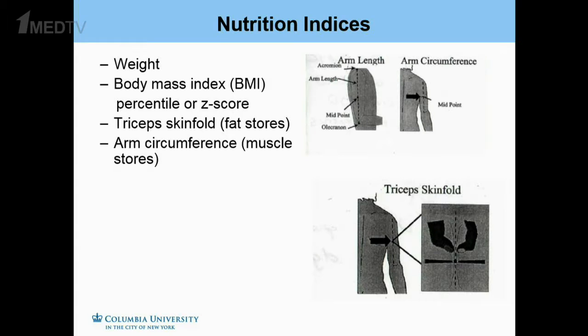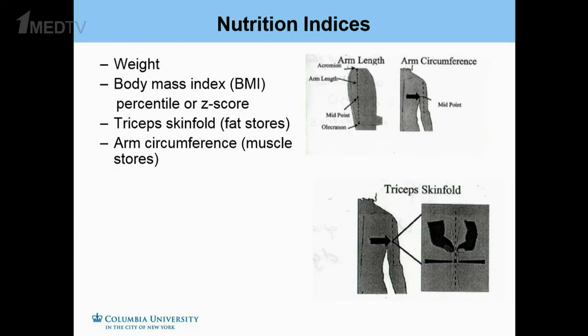So in terms of how to assess nutritional status and what indices to use, you all know height and weight, and BMI I'm not going to go into, but what I want to bring your attention to are these last two: tricep skin fold and mid-upper arm circumference. Why these are important is because they can give you a sense of the distribution between fat and fat-free mass.